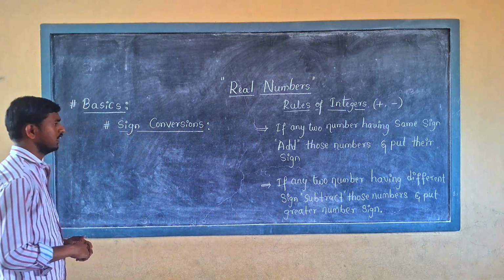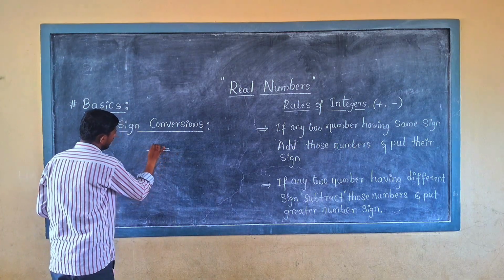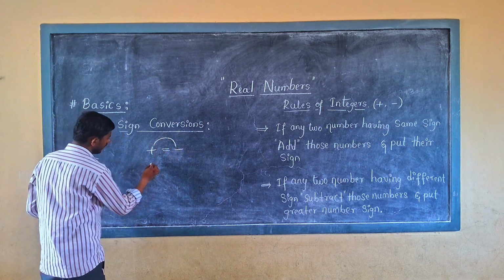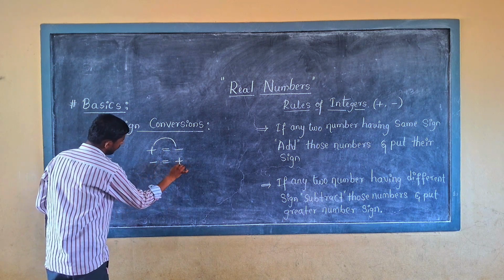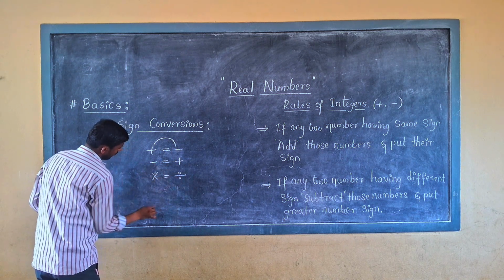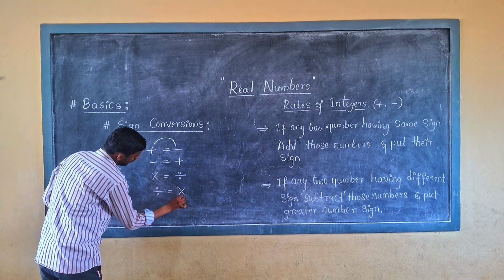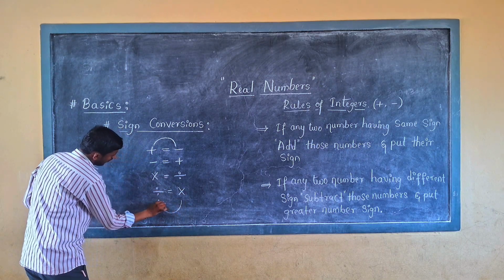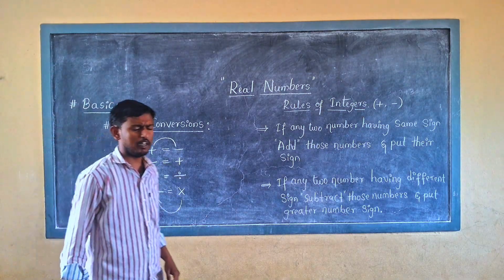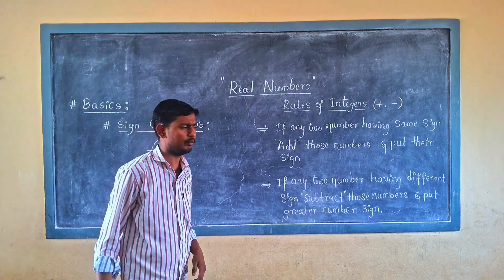In sign conversion, plus will change into minus when it goes to the other side, minus will change into plus, multiplication changes into division, and division changes into multiplication, and vice versa. Also, plus is a positive integer and minus is a negative integer.